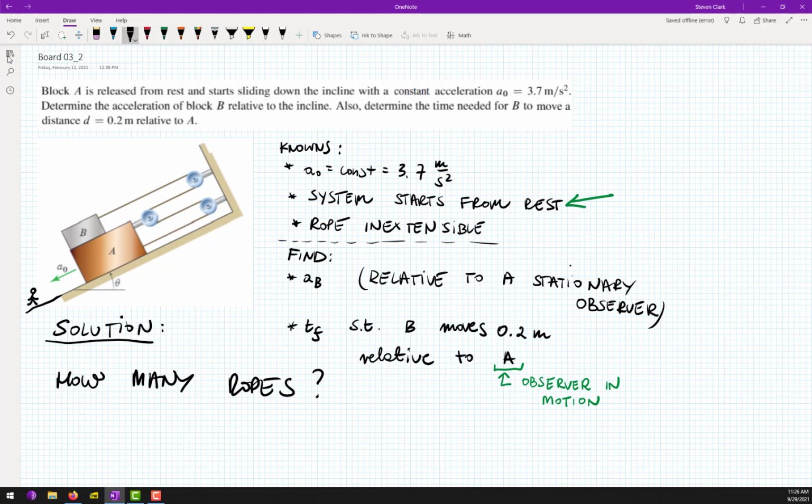The first part of the problem will be seen by this observer, but the second part will be seen by the observer sitting on block A. In the first part, they just ask us to find the acceleration of block B. In the second part, they ask us to find the time needed for block B to move 0.2 meters relative to this observer attached to block A.